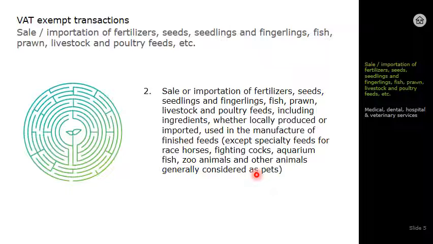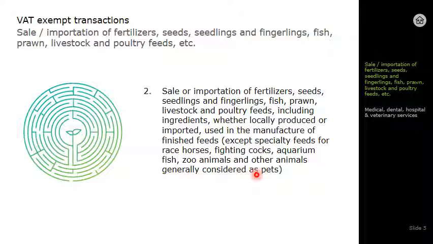What do we mean by livestock? Well, livestock is any animal na will give food, no, for human consumption. Halimbawa, patuka ng manok, yung mga broiler na chicken, yung pagkain ng mga pinapalaki mong mga baboy, baka, and eventually magiging karne. Yan, yan mga livestock.